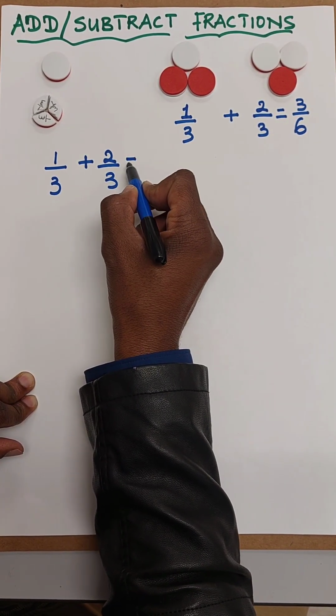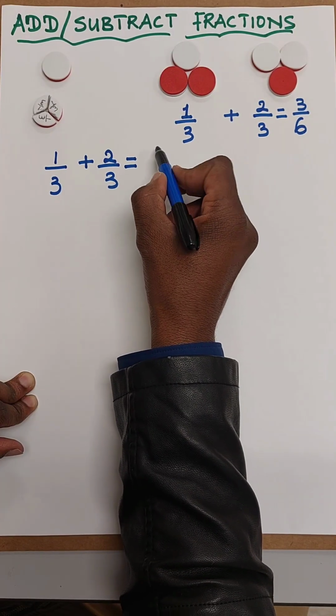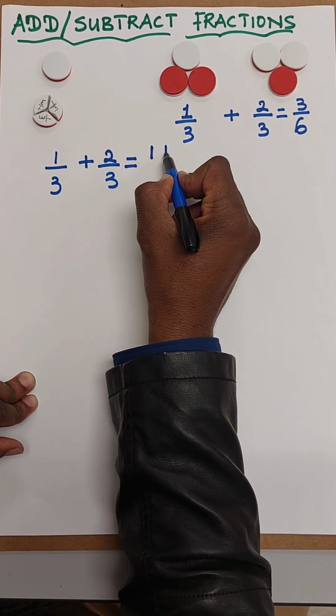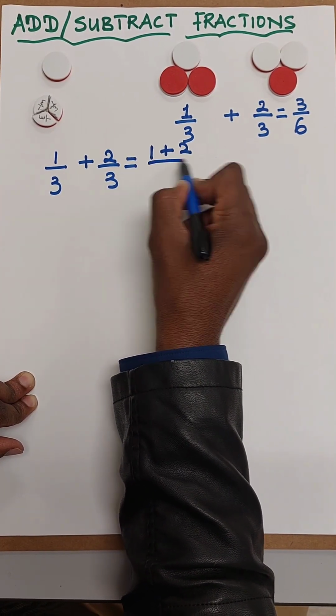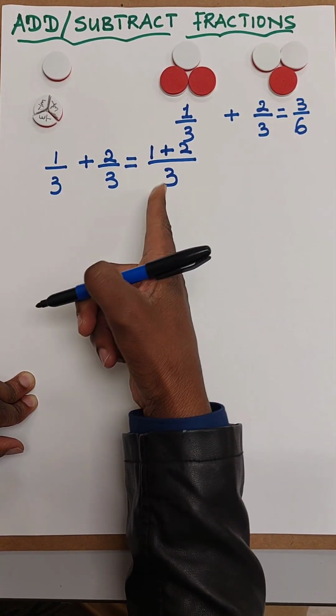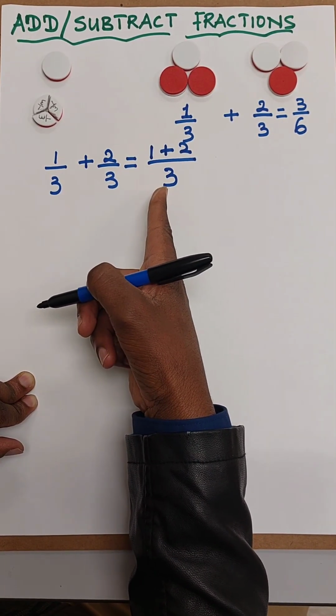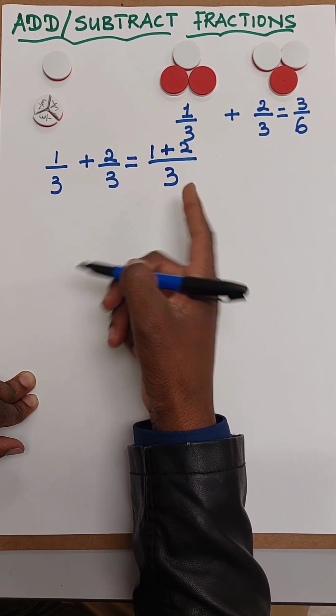So that knowledge can be reconstructed as 1 part plus 2 parts out of the same whole. Okay, the same whole of 3.